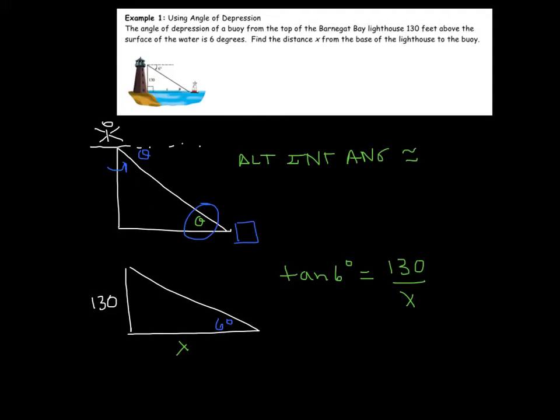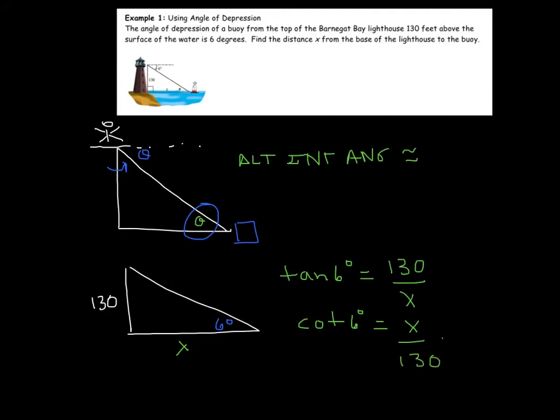However, remember, we've got 6 trig functions, so don't be afraid to use the other ones as well. Remember that the cotangent of an angle is equal to adjacent over opposite, so x over 130.